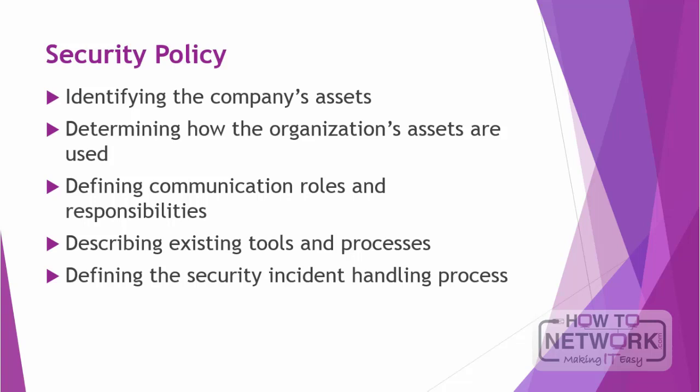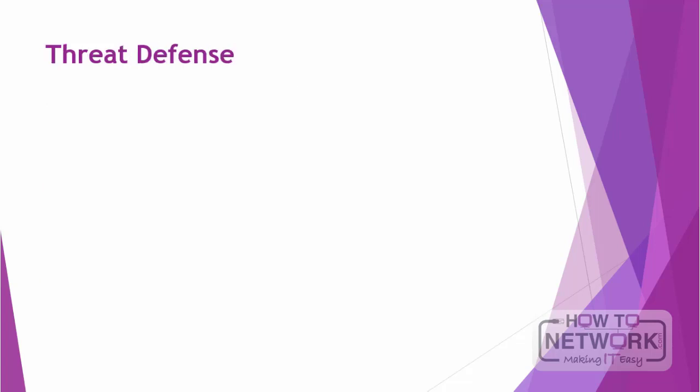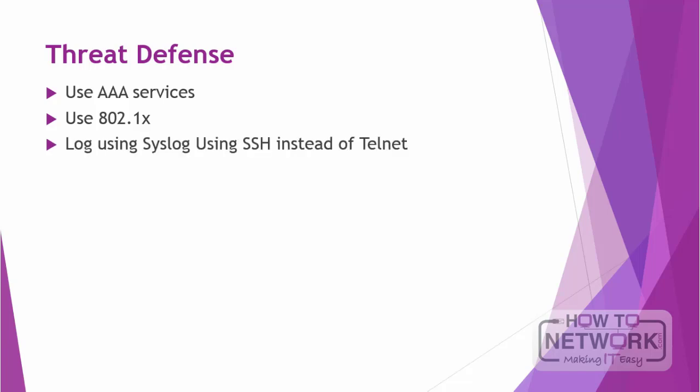Some of the best practices for protecting the network infrastructure through trust and identity include the following: use AAA services with the Cisco ACS server, use 802.1x port authentication, logging using syslog and SDEE.